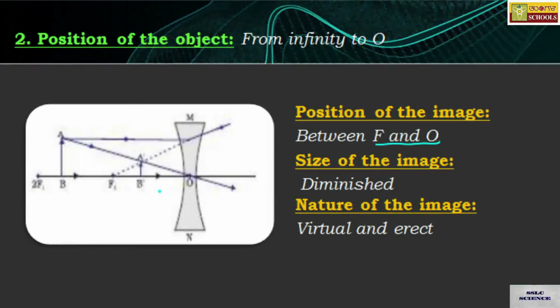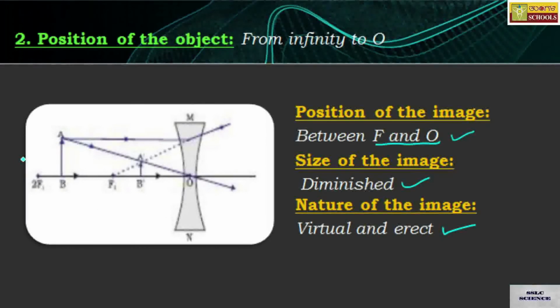Place the object wherever you want from infinity to O, and you will have the image always between F and O only. The size is diminished all the time. The nature is virtual and erect all the time.